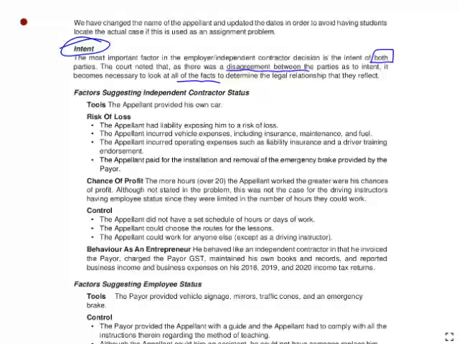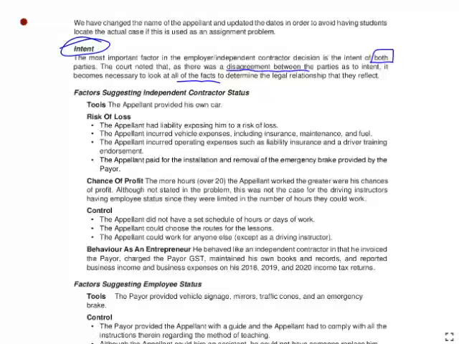The worker incurred expenses, so the vehicle expenses, vehicle insurance, and something called a driver training endorsement. So maybe they had to get a certificate or something to be able to do it. The worker's vehicle expenses included insurance, maintenance, and fuel. The payer's intention, so there's intent, was that the appellant was a contractor, not an employee.